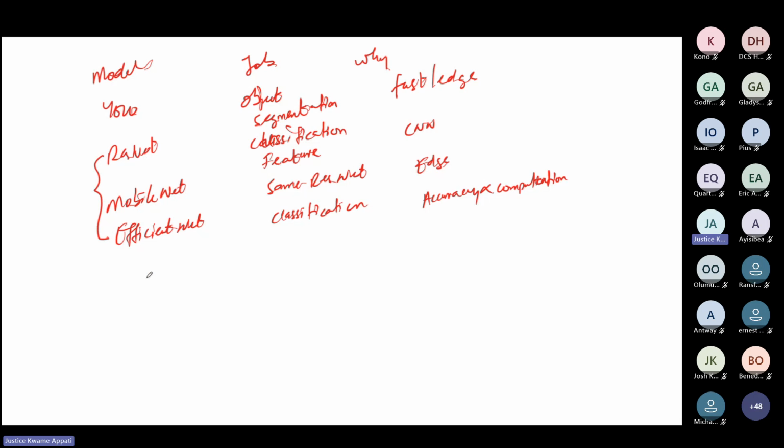Okay. Now, what more? I mentioned object detection. Is that the only one available? Certainly not. You had DETR available also for object detection. Why will I choose this over YOLO in the first place?